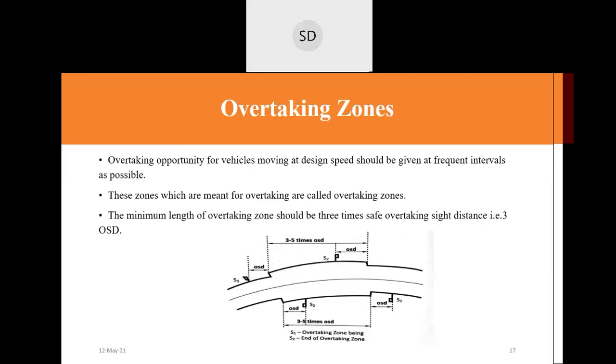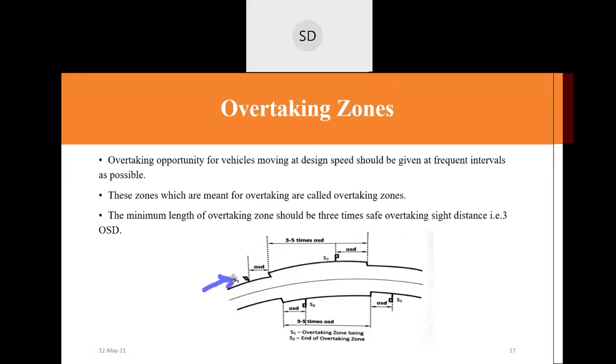Now your task is to inform the driver that an overtaking zone is ahead. In such cases, you need to install some informatory sign before entering that overtaking zone. So how to install that sign, or where to install the signpost? First, suppose vehicles are moving in this direction.